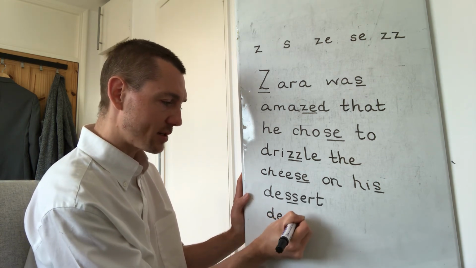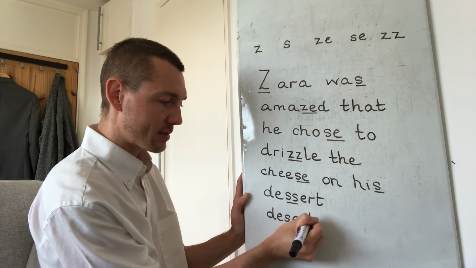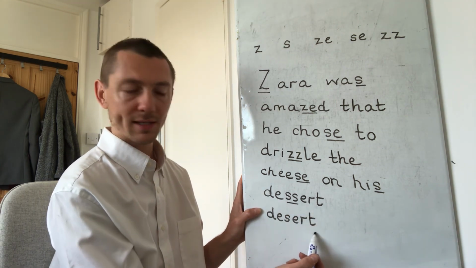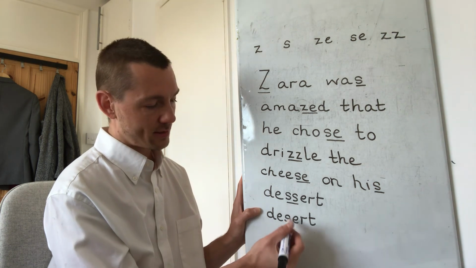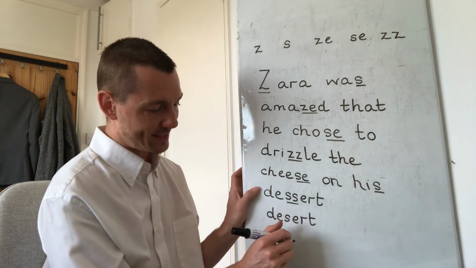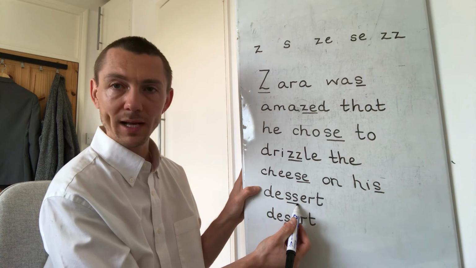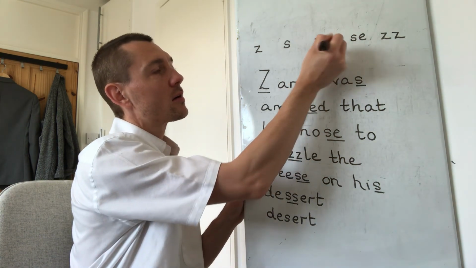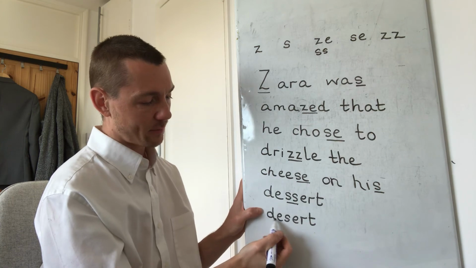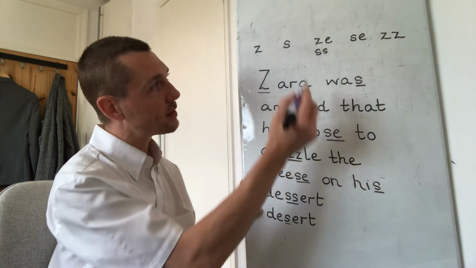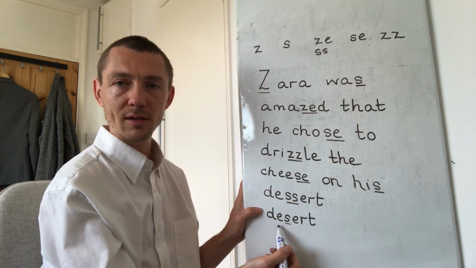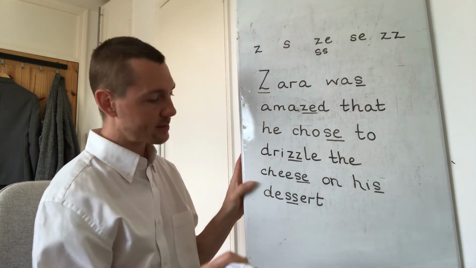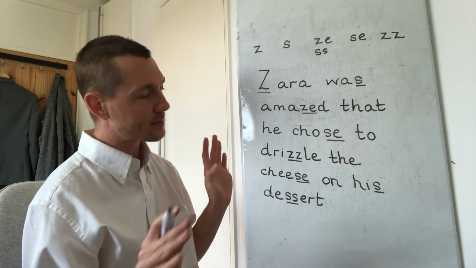What word is this? Desert. There's a difference between dessert with the double S spelling of Z and desert with the single S spelling of Z, okay? So this is the one we want for today with the double S for dessert. So let's check.